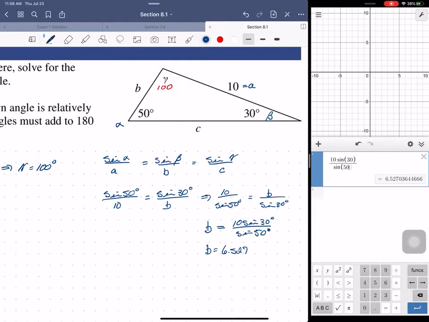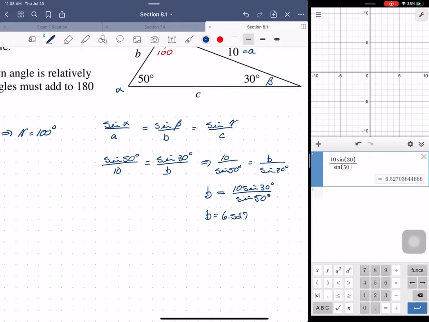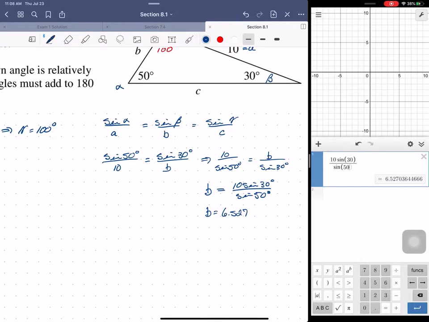Okay, now we can use the same basic approach to find C. Again, using the law of sines, we can start out with the sides on top, since that's what we're going to be looking for. So let's start with it upside down: 10 over sine of 50 degrees is equal to C, our unknown, over the sine of 100 degrees, which means that C is equal to 10 times the sine of 100 degrees divided by the sine of 50 degrees.